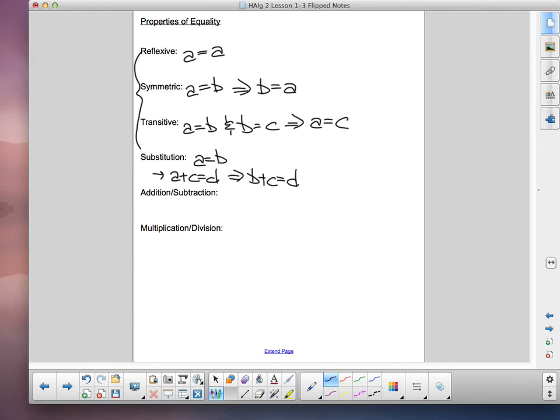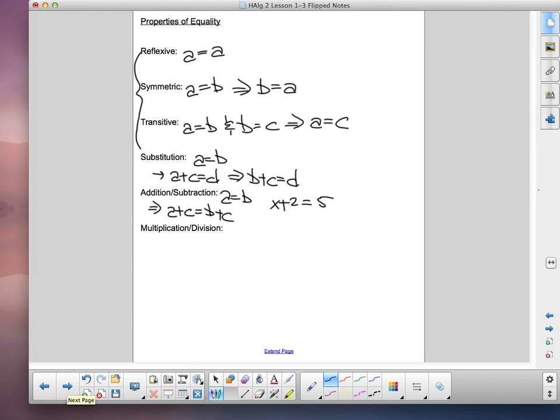So, on addition and subtraction, if we say that A equals B, then we can say that A plus C equals B plus C. And the same thing with subtraction. They can be subtraction instead of addition. Again, an example of this is if I have x plus 2 equals 5.